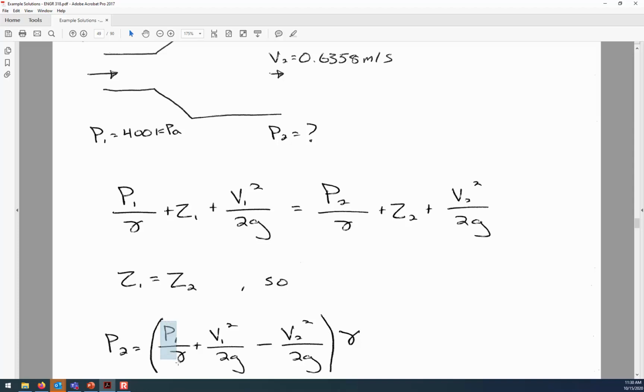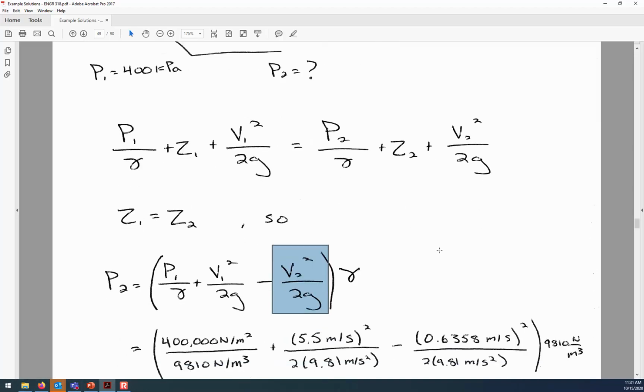So some of the energy is this potential energy that's in the pressure head, and some of the energy is velocity head, and that's kinetic energy. Together, P1 divided by gamma plus V1 squared divided by 2g, those two things together, that's how much energy there is at 1. And if you subtract out the velocity head at 2, then the remainder of the energy is going to be invested into the pressure at 2. So that's the algebra for it.